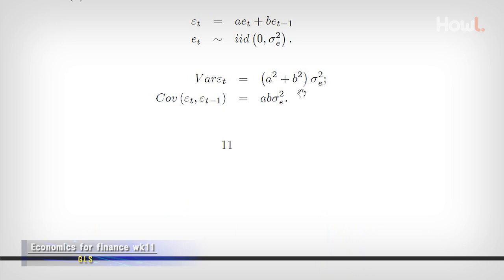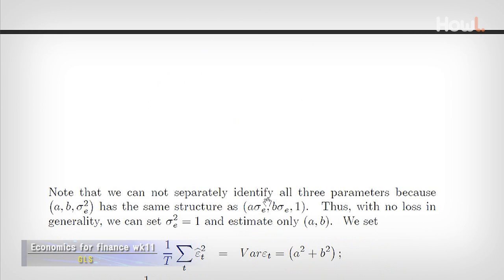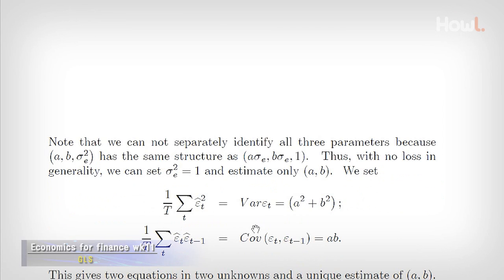We need to estimate a, b, and the variance of e, which is sigma e squared. We cannot separately identify them because a, b, sigma e squared has the same structure as a times sigma e, and b over sigma e, and so on. So with no loss of generality, what people usually do is impose sigma e squared equal to 1.